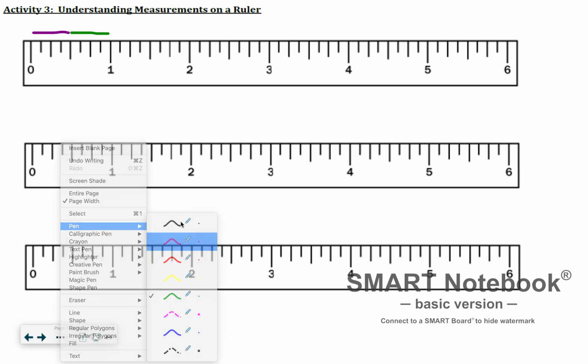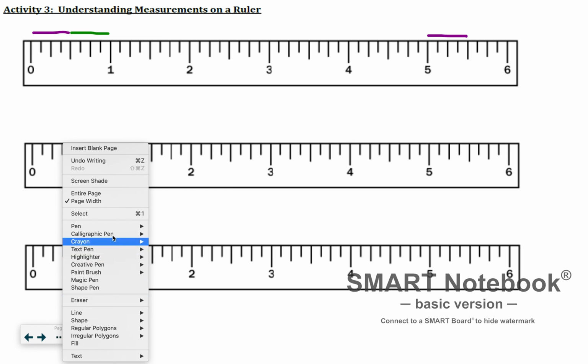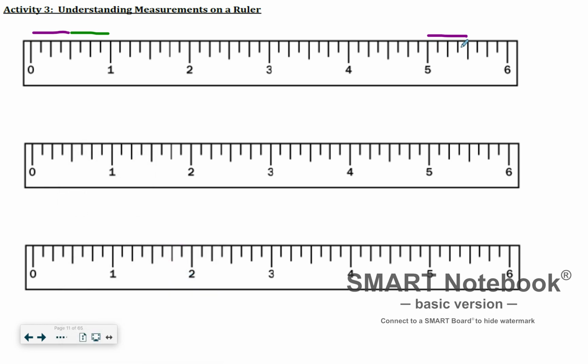If you see, from 5 to 6, that's 1/2 an inch. Thank you for having so much patience when I use these pens. And this is 1/2 an inch. Okay, so that middle mark represents 1/2 an inch. And I'm right now going over all the 1/2 inches. It's just the halfway mark between 2 numbers.